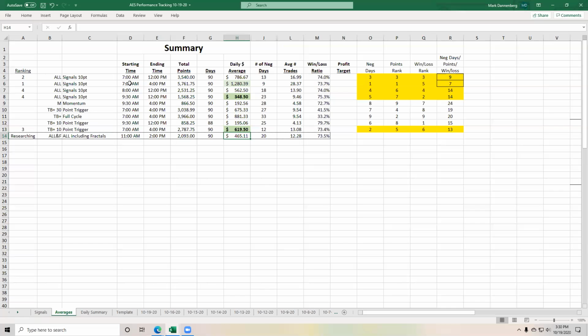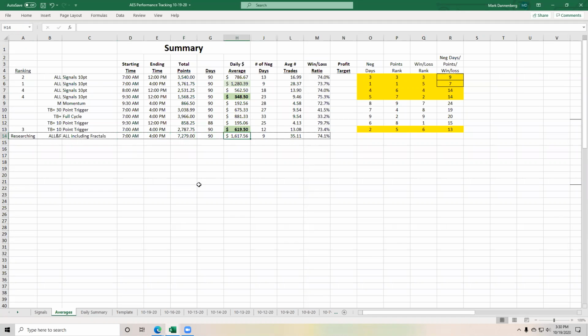I mentioned before that the optimum performing category was up here, taking all signals from 7 to 4. Actually, if you take all signals, including fractals, from 7 to 4, that is the top performing category. But it's not a fixed category for us, meaning we're not tracking that for purposes of reporting it on a personal trading plan.